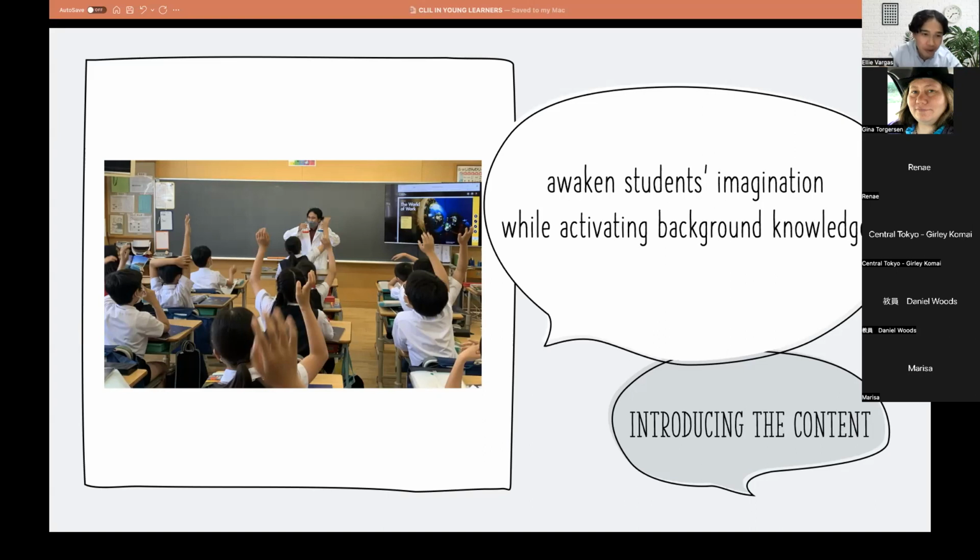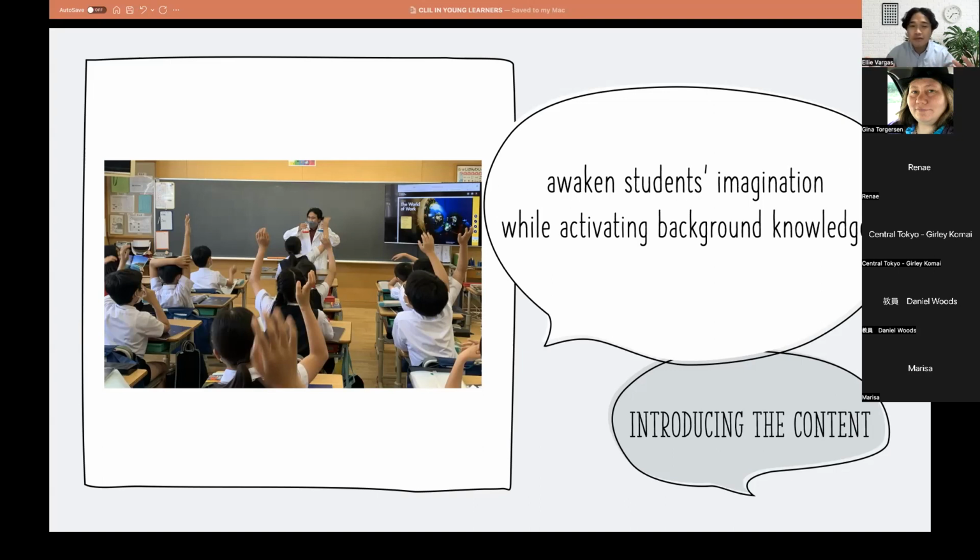This is, by the way, a fifth grade class. So the goal here is to introduce the word scientist, but my students also could review and refresh their knowledge about colors. And it's really easy.